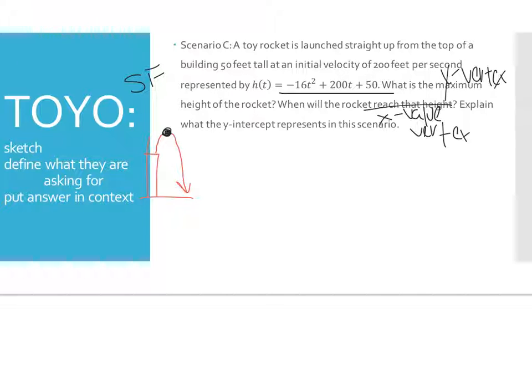So they're not asking you what is the y-intercept, they're just saying what does it represent. So your y-intercept, remember, is the start of the scenario. So good luck finding those things. Really, you just need to find your vertex and then explain what your y-intercept is.